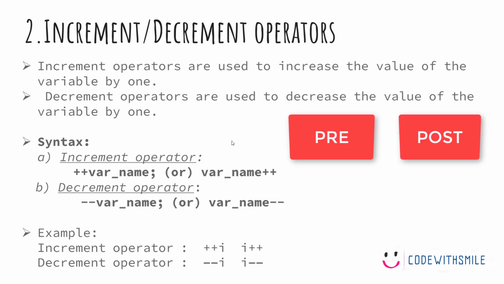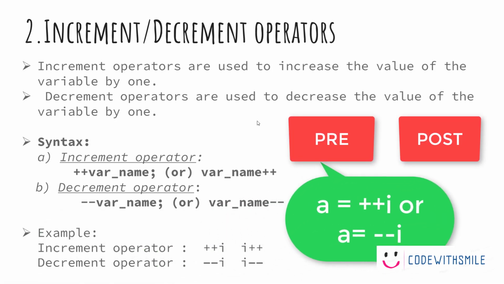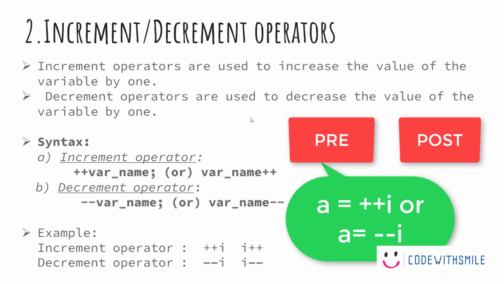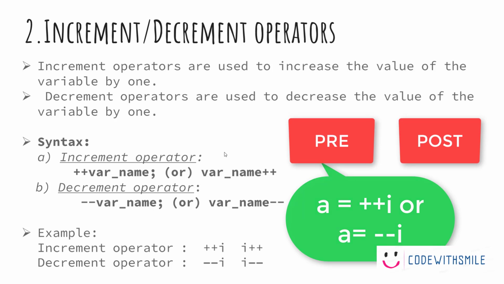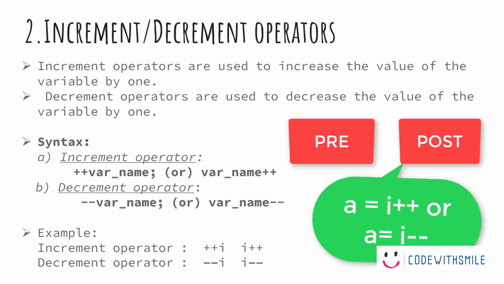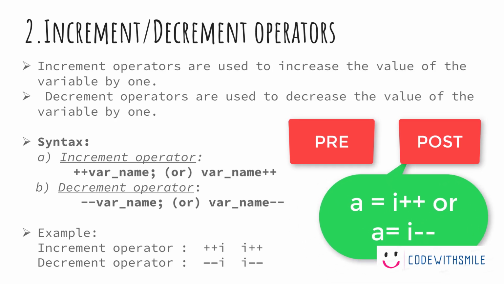The difference between pre and post is that in the pre-increment or pre-decrement operator, the value of the variable is first increased or decreased by 1 and then given to the other variable, whereas in the post-decrement or post-increment operator, the value is first assigned to the variable and then incremented or decremented by 1.